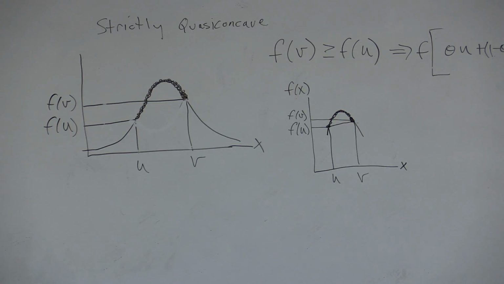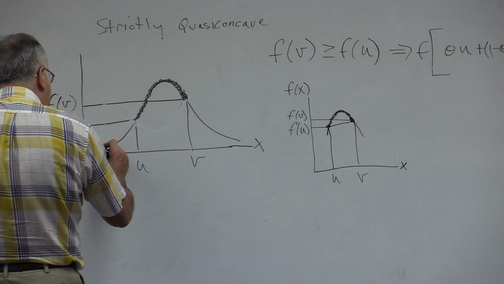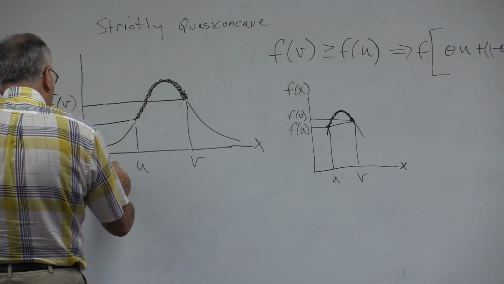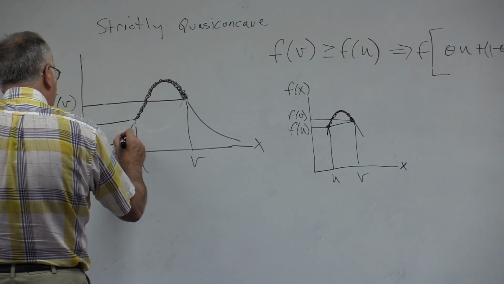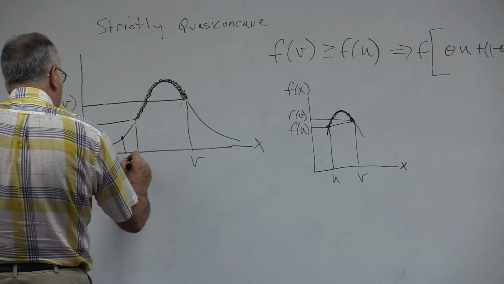Because if we extended u to the left and connected any two points, one of them being to the left of u, we would pop out of the bell curve region. Suppose we pick this point, u prime, v prime, right here.